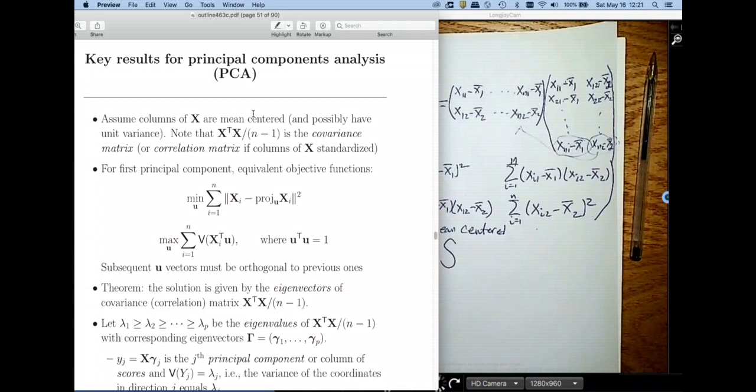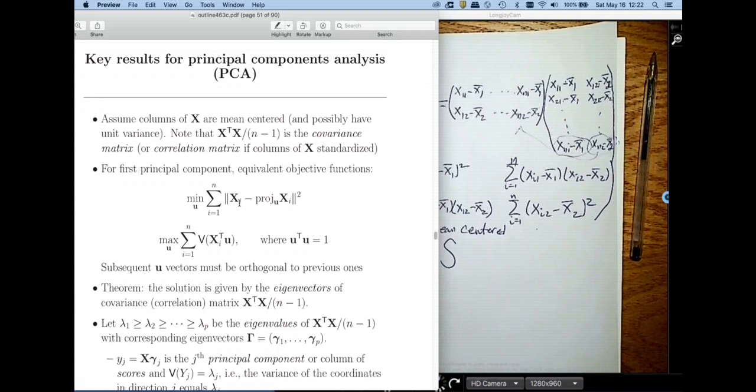We mean center things, or we also divide by the standard deviations to get the standardized values. So then, of course, we have either the covariance or the correlation matrix. The first principal component from PCA can be found with either one of these objective functions. The first objective function is to minimize the sum of squared distances.